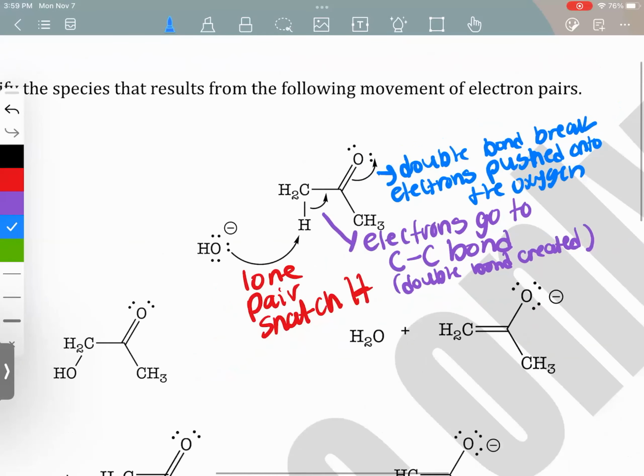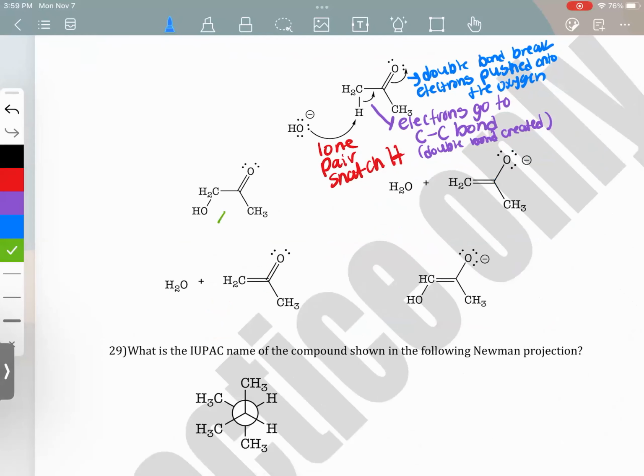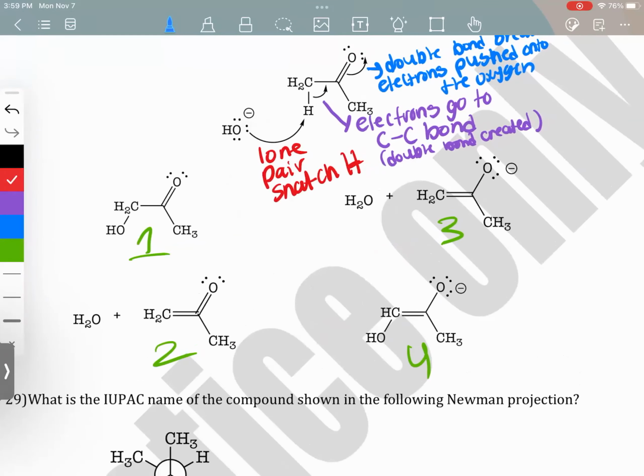So in the end, which of the following shows the correct movement that these arrows identify? That was the question asking. Okay, so 1, 2, 3. Yeah, it looks like 3. Three was my first thing. It's definitely correct.